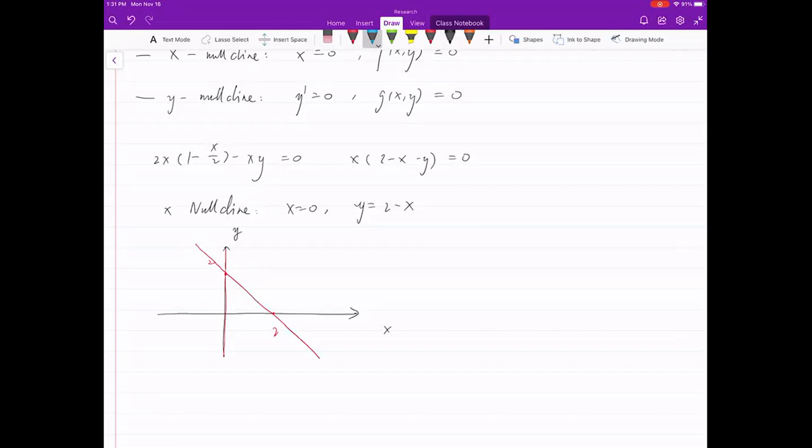On these two red lines, your x prime is going to be 0. That means your x does not change. Your x stays constant. Your dx is 0. Then all your flow will look like this, because you don't have any x component, right? You're just pointing exactly up or down. That's what the x nullcline does.